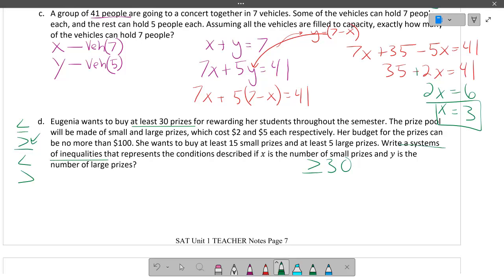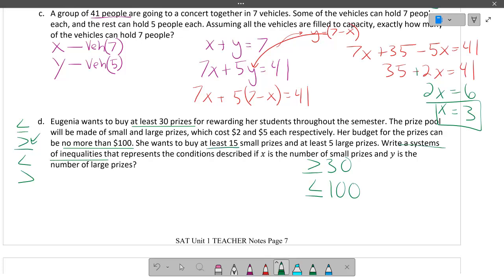Okay, what about no more than $100? That is less than or equal to $100. Do we have any other totals? Other relationships? We want at least 15.